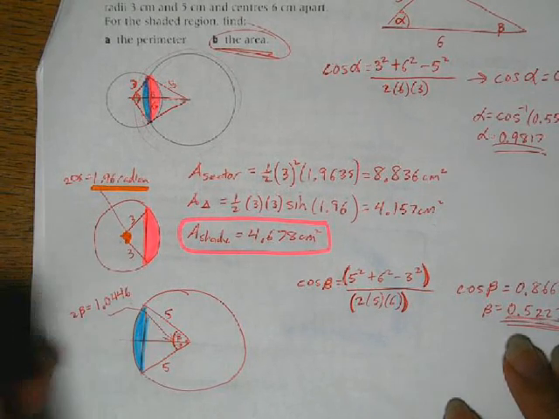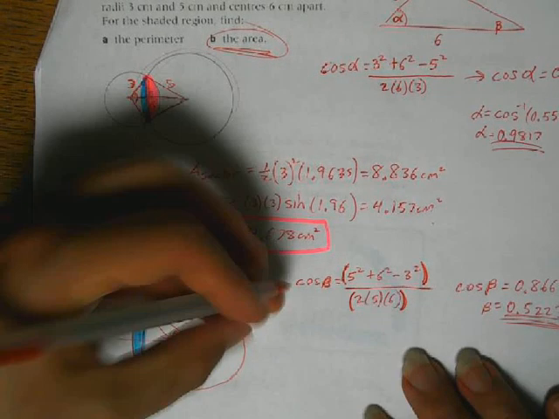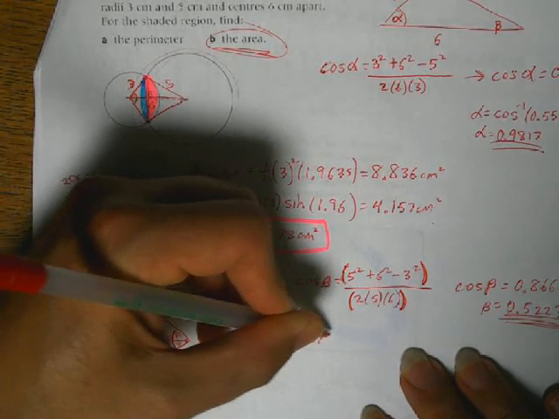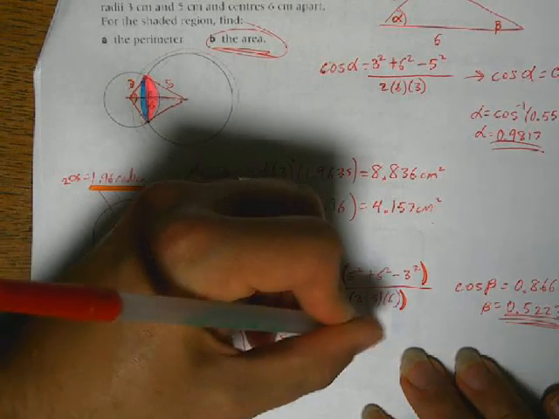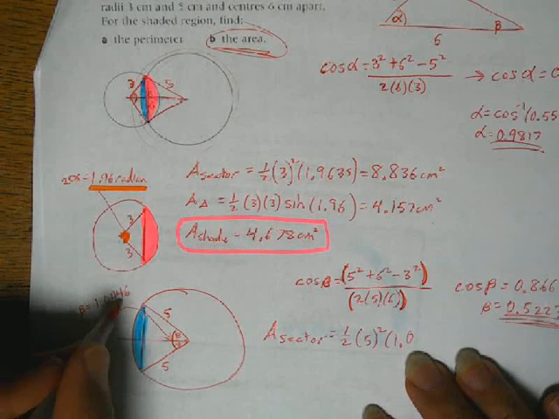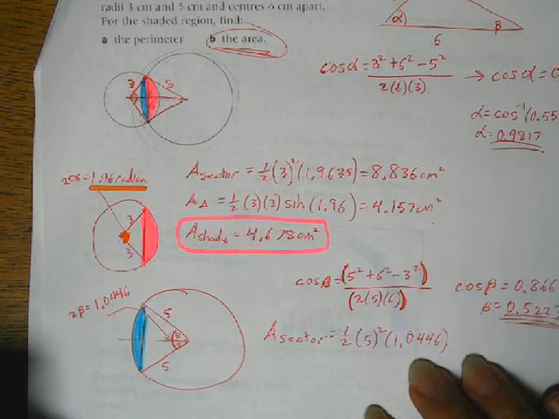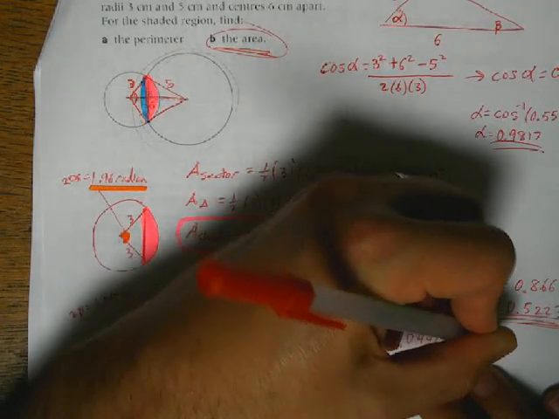Okay, so now that I know that angle, I can find the area of the sector. The area of the sector is 1/2 times 5 squared times 1.0446, and so the area of the sector equals 13.0575.